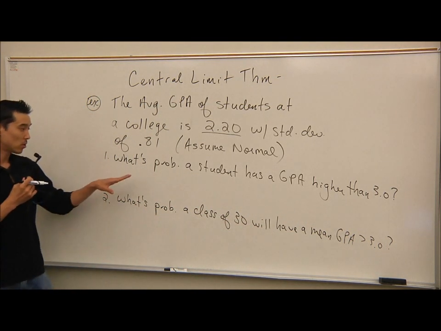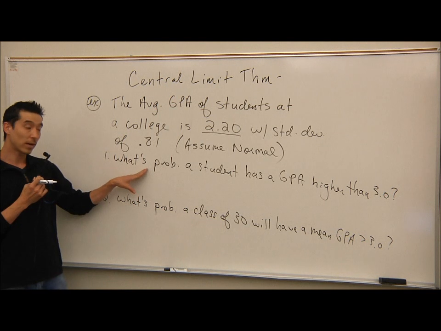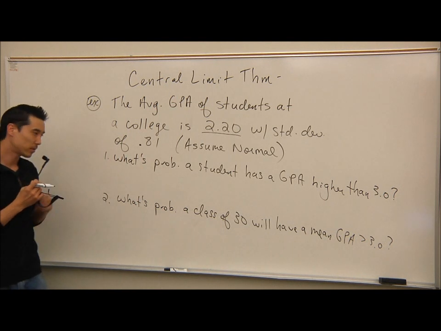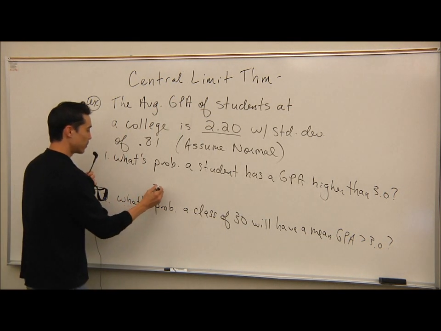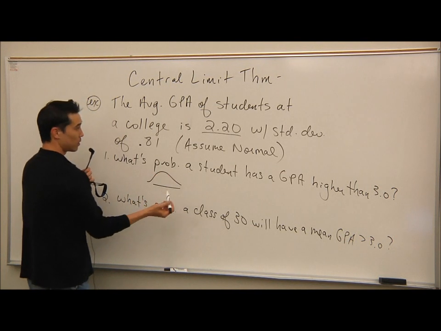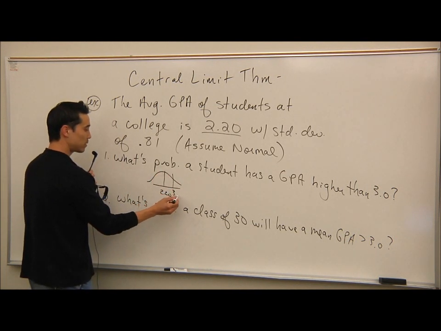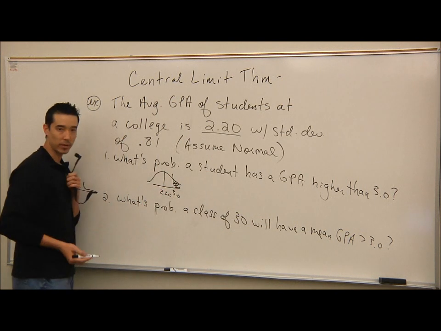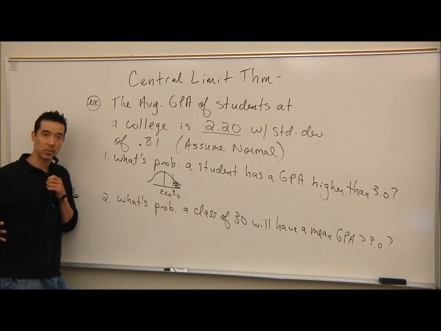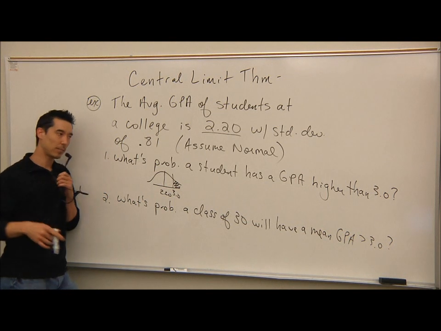All right, so this problem is a regular normal distribution problem, so let's go ahead and do that one. How do I do it? We've been doing them all day. So 2.20, we have 3.0, we want area to the right of 3.0. Transform that to a z standard normal. Draw that picture.